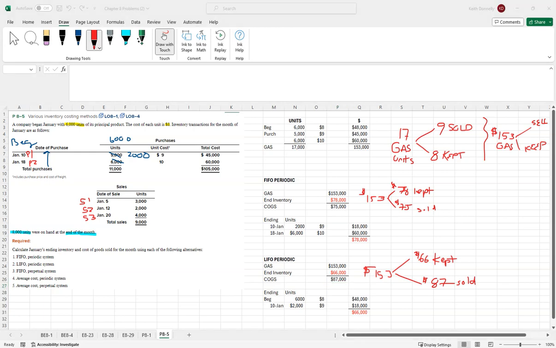All right, well here is where things will get messy, right? So we've done FIFO periodic, check. We've done LIFO periodic, check. Take a minute, pause, right? Look at that because it's soon to be deleted, right?